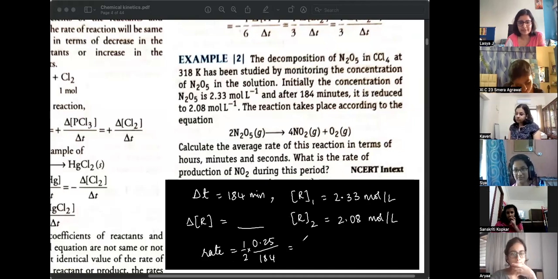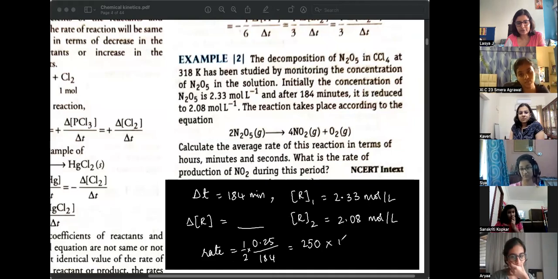So this you can write as 250, with 3 decimals, into 10 power minus 3 by 2 into 184.